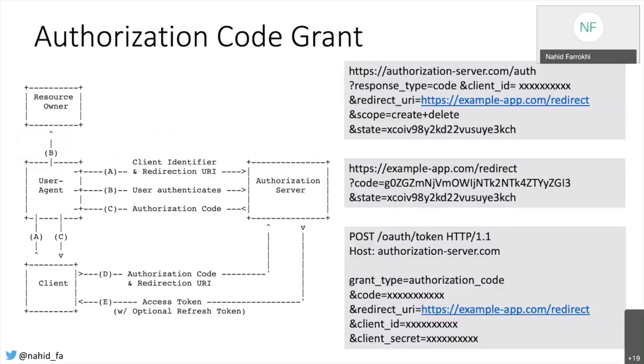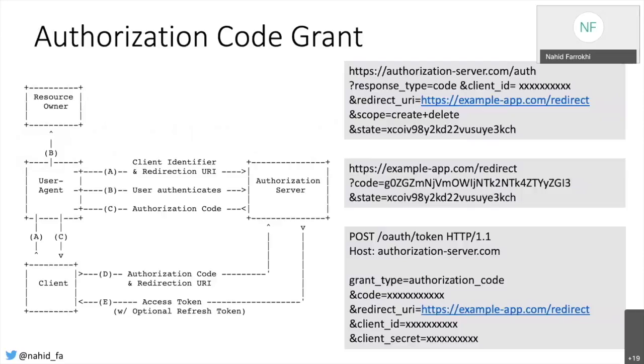front channel operation, right? Here you see on the screen on the right, the first call which is happening. After that, the user is returned to the client via the redirect URL, which was passed in the first call, and then the application gets the authorization code from the URL and uses it to request an access token.